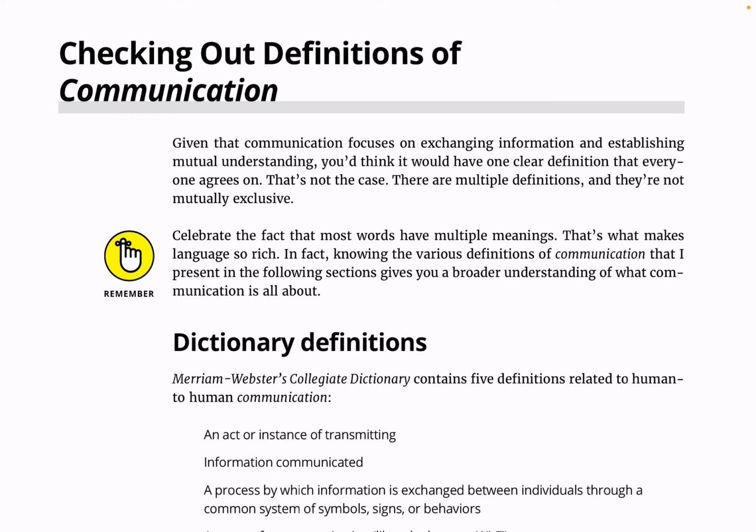Celebrate the fact that most words have multiple meanings. That's what makes language so rich. In fact, knowing the various definitions of communication that I present in the following sessions gives you a broader understanding of what communication is all about.